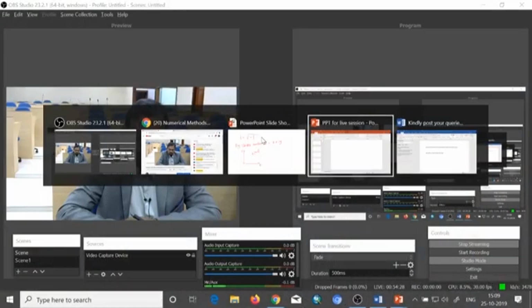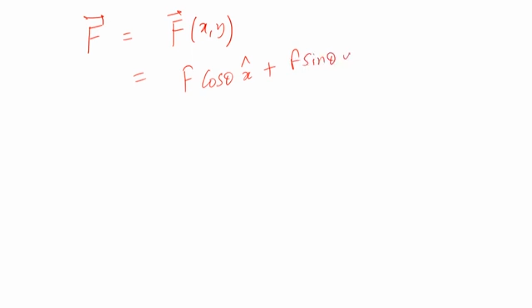Yes, okay. Let me have this board. So you have force, that's a vector. Suppose you have a planar force which is a function of x and y only. Then you can split it up into f cos theta in the x direction and f sin theta in the y direction.